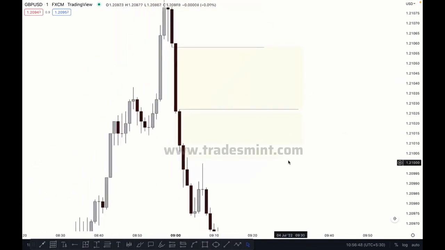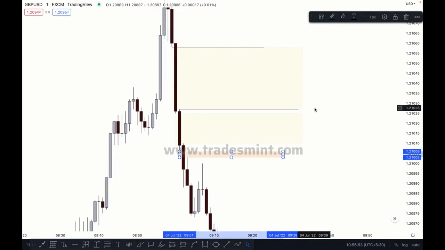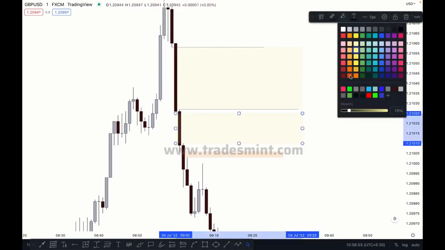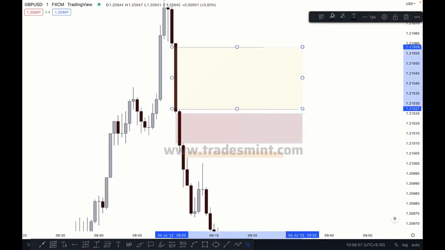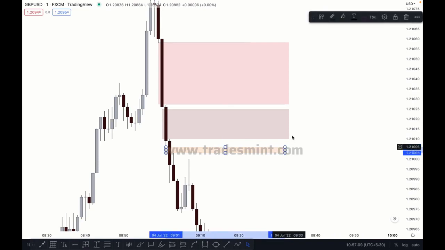Now you can see in all three zones, this one is here, correct? And here. So now you can see the three zones look different, but there is an imbalance. The last one is a minor imbalance, the second one is a medium imbalance, and on the extreme this is a higher imbalance, right?